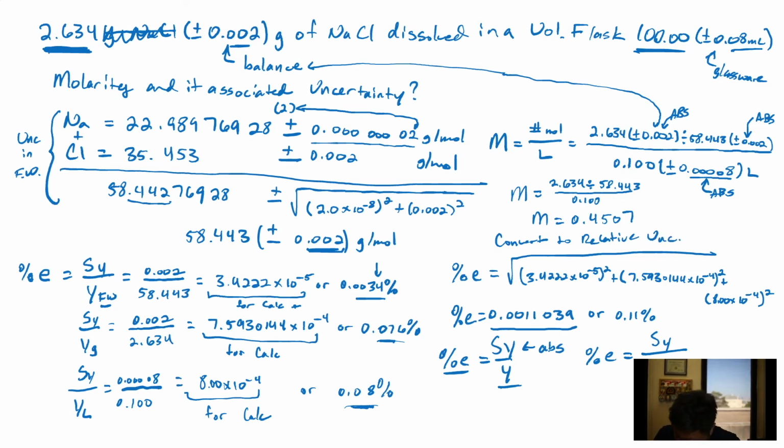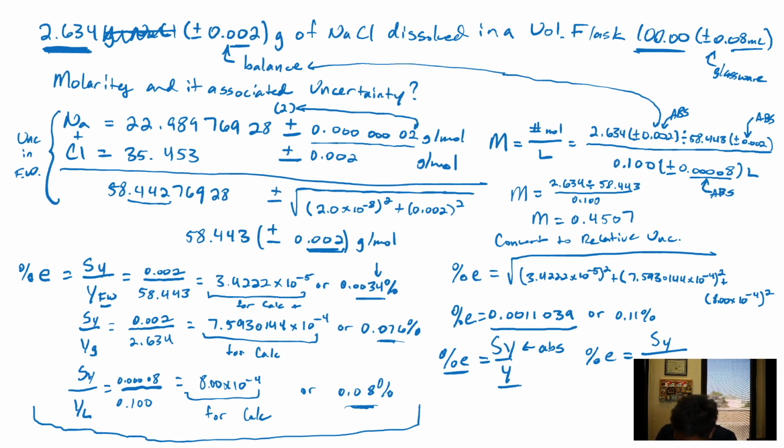And so after you do that, convert to relative uncertainties is where you come down and start doing this stuff here. All that stuff there is conversion to relative uncertainty. Okay. All right, so now that we found this number, sorry about that, I forgot to do that.